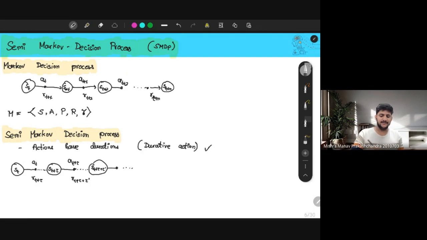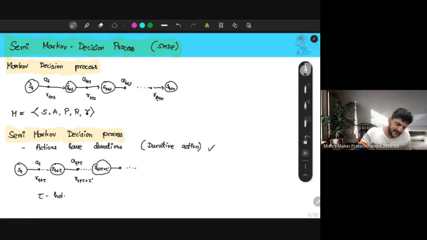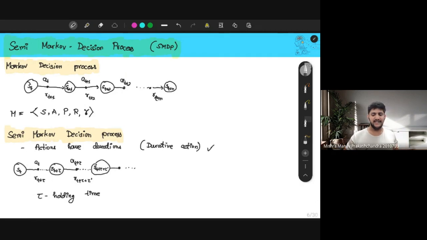so you can here consider this time tau to be the holding time. Okay, so classically, when it was first defined, people who work with SMDPs use the notion of holding time. So the way people think about it is that at time t, I've decided that I'll take action A_t, but I'll do that action only after time t plus tau.